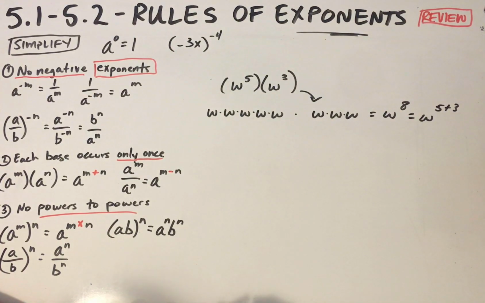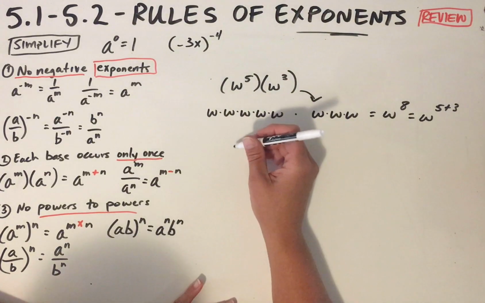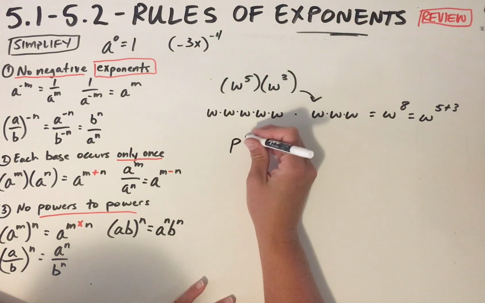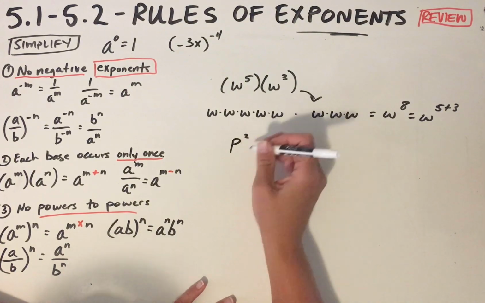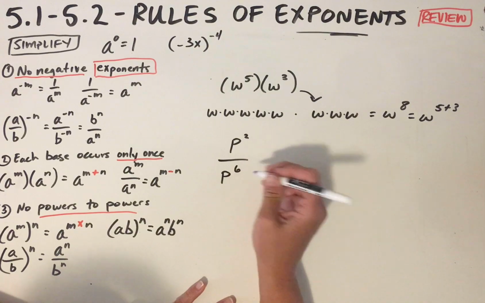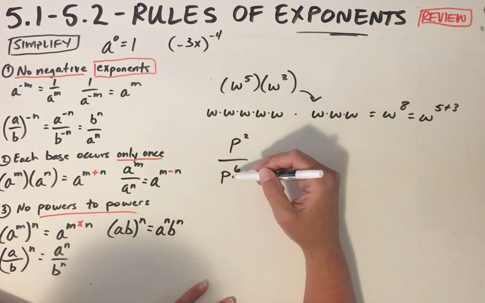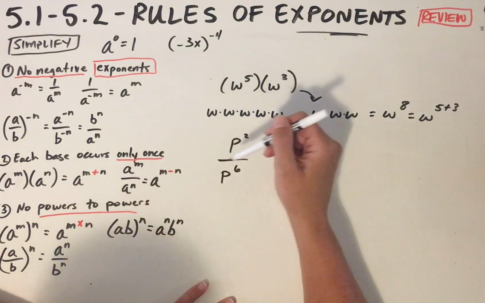Another thing that could happen is you could see these top to bottom. So maybe you're going to see p to the 2nd over p to the 6th. Again, I can see this base twice, so I need each base to occur only once.